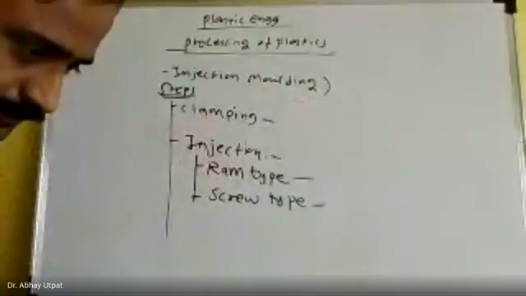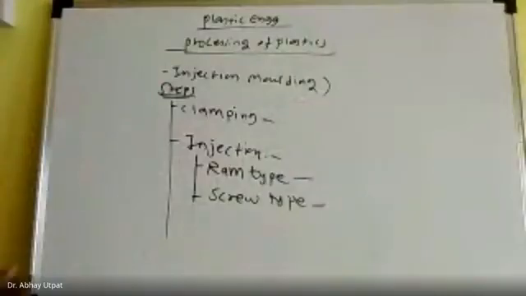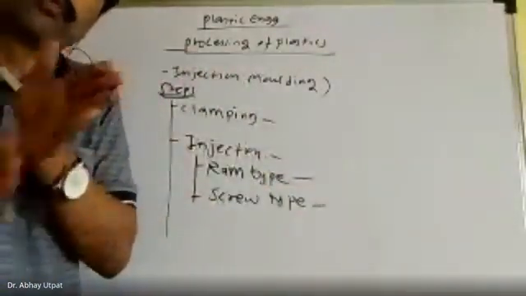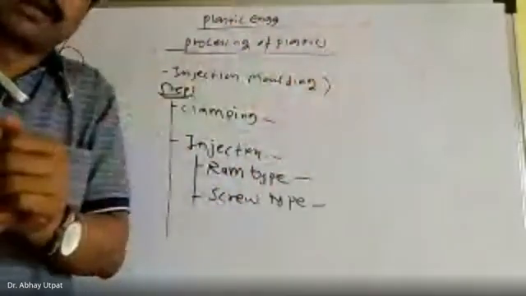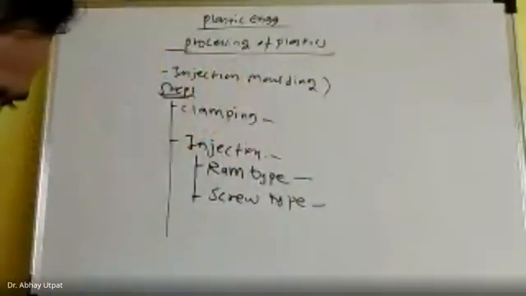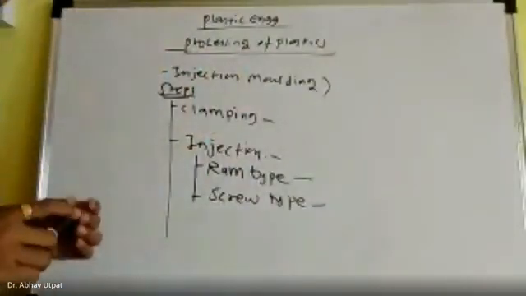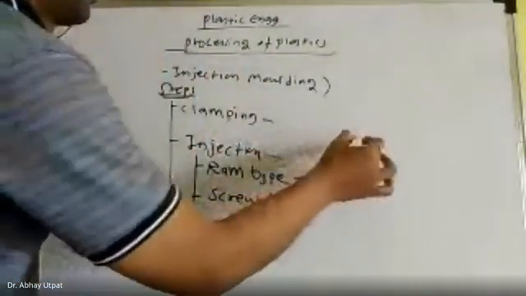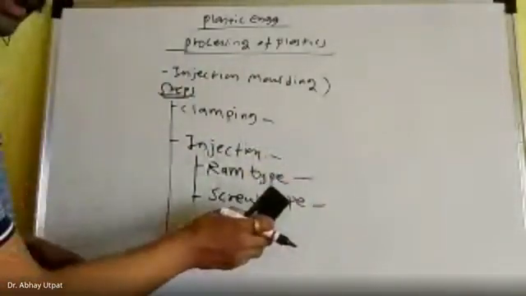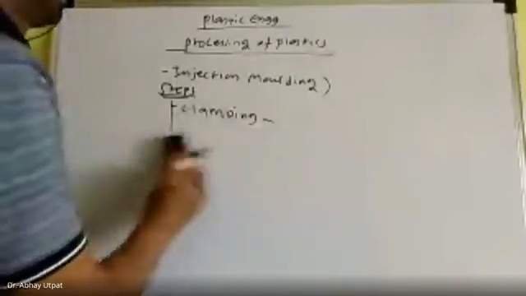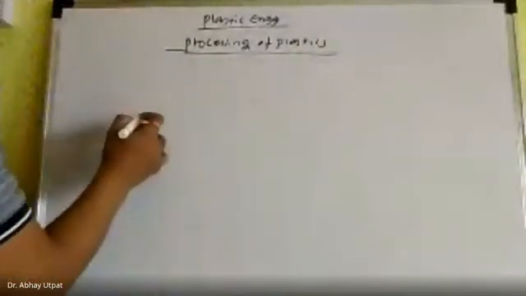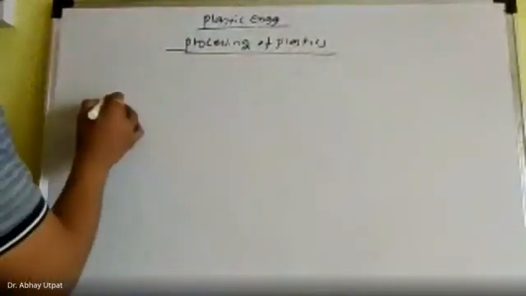They will be sent to the nozzle, and through the nozzle it will come out with high pressure and enter into the cavity of desired shape. So you can draw a simple drawing. I will erase this. I will show you a simple drawing of ram type and screw type.